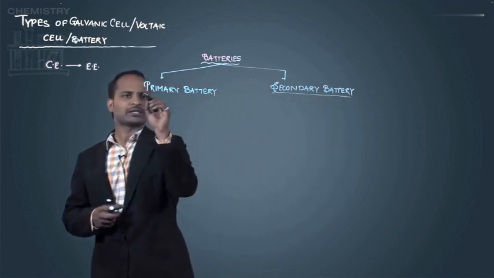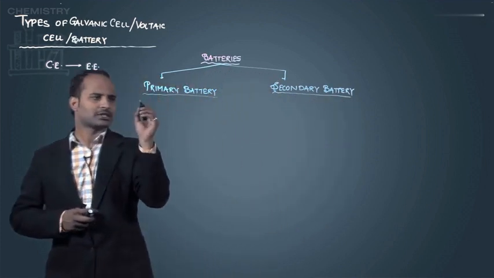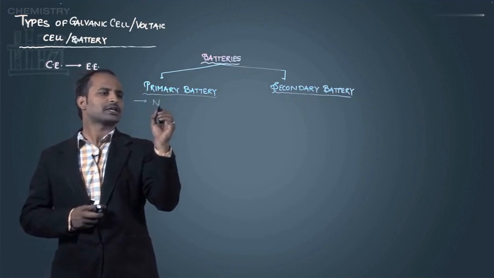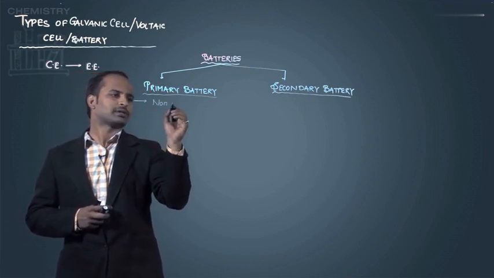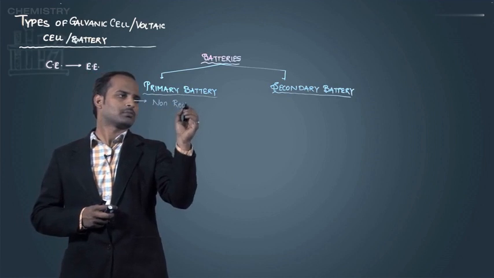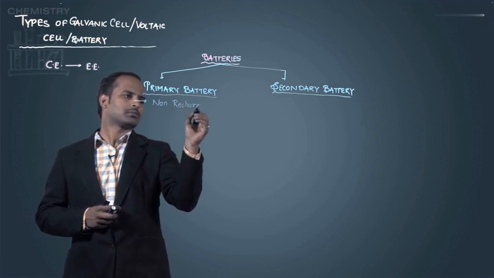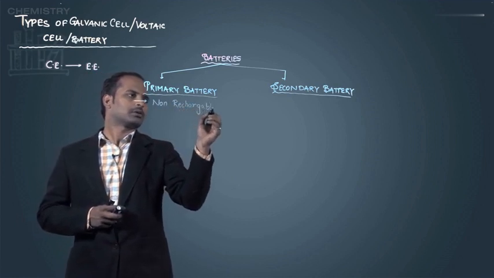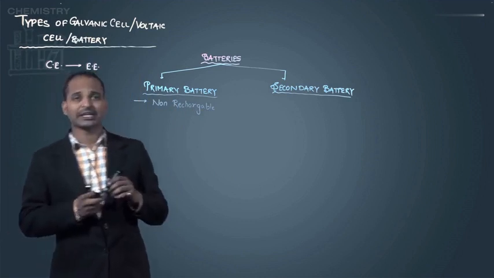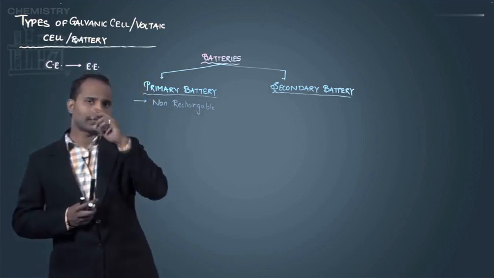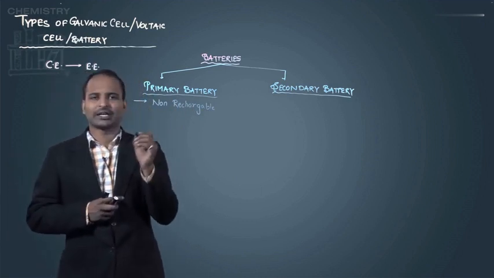The primary batteries are those batteries which are non-rechargeable. Non-rechargeable means they are use and throw batteries. What happens in a battery? Suppose certain chemicals are kept in a battery.